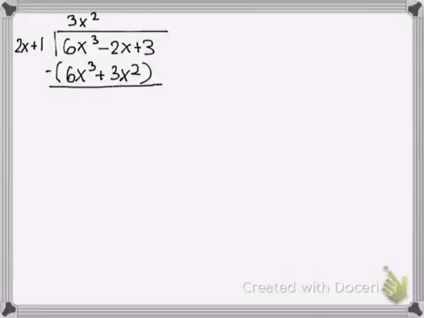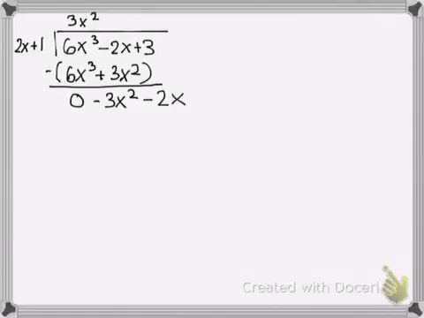Subtract it all like regular division. That's 0, and the second part is negative 3x squared. And I'm going to drop down the minus 2x, because remember, there's technically a plus 0x squared in the middle of the x cubed and the x.